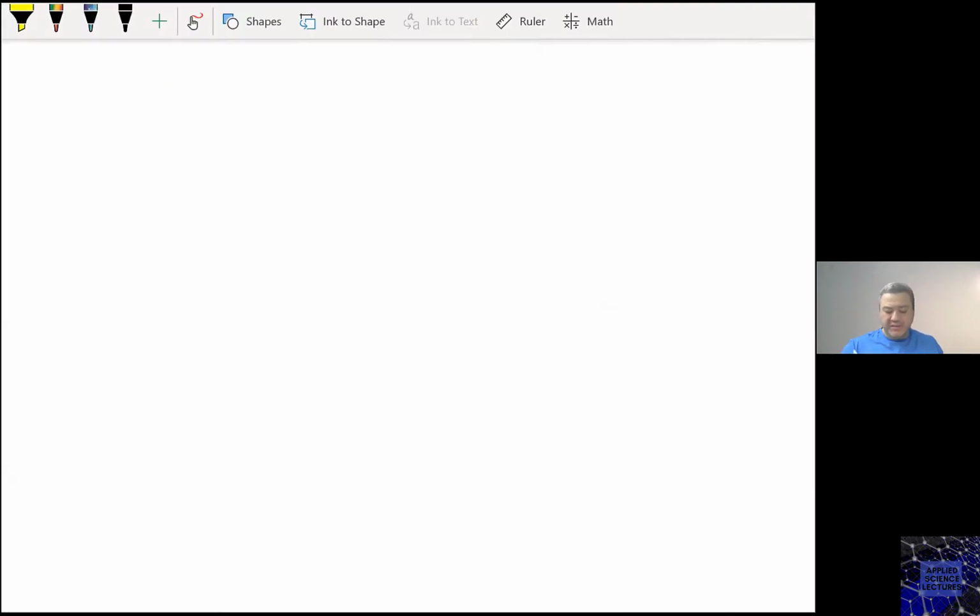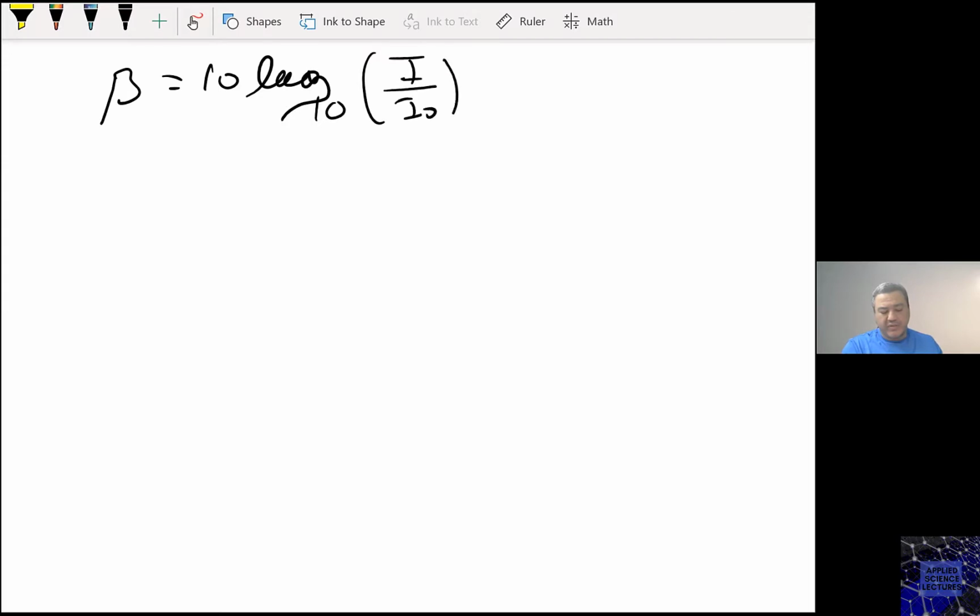In this case, we can solve it in two ways. The first one is to find the intensity for that one saxophone. So here, beta is 10 logarithm of I divided by I naught.